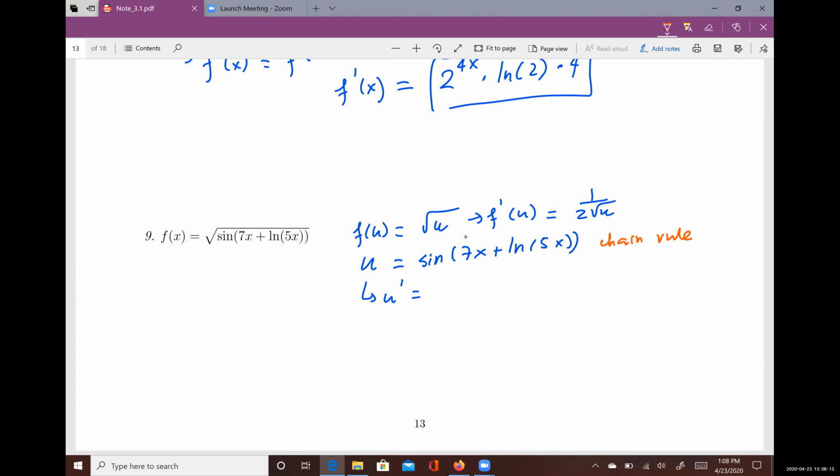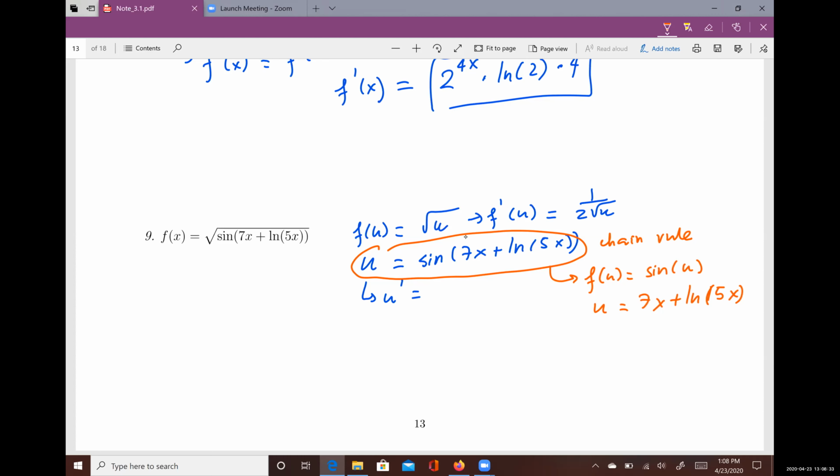Let's say f of u equals sine of u. Okay. Then u equals 7x plus natural log of 5x.